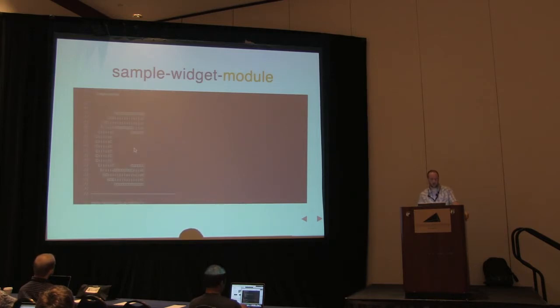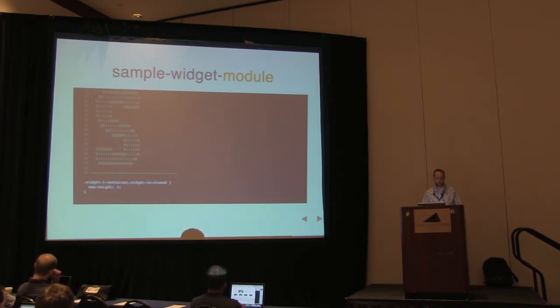Then you'll notice there's something called components that we'll talk about in just a second. Finally, there are states. In this case, if our widget is closed, we want to set the max height to 0. And you'll notice that my state class does have this additional specificity. We've actually got a weight of 2 classes on this. And you want your state classes to always be the most specific thing in your module, so that when it gets applied via JavaScript, you want to make sure that that's running.